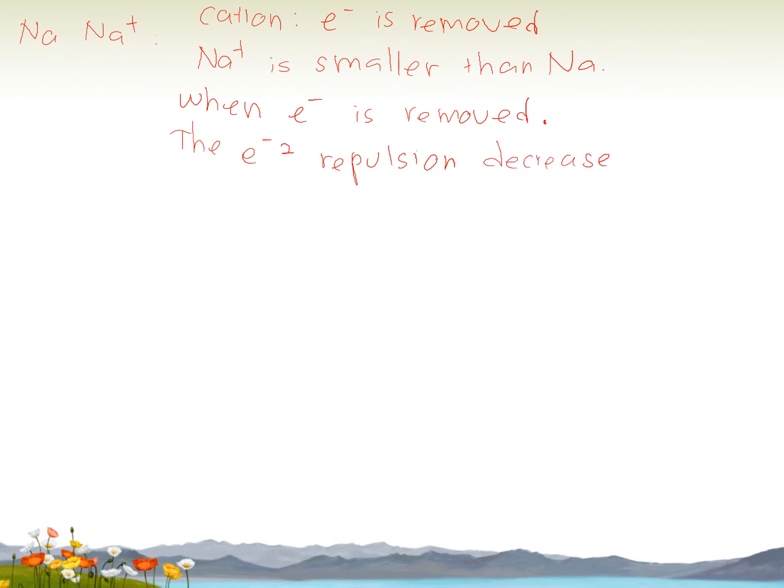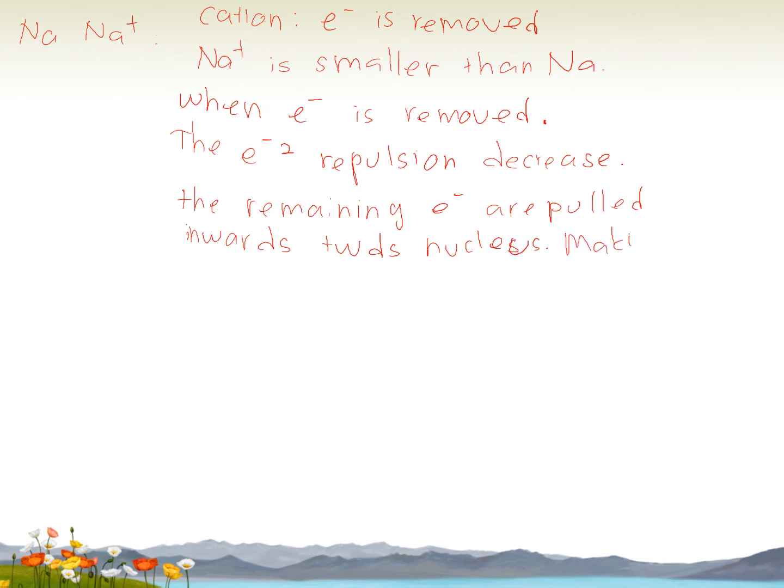So when the electron repulsion decreases, the remaining electrons are pulled inwards towards the nucleus, making the size become smaller.